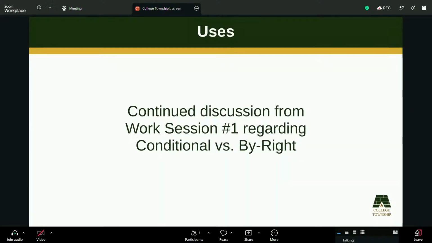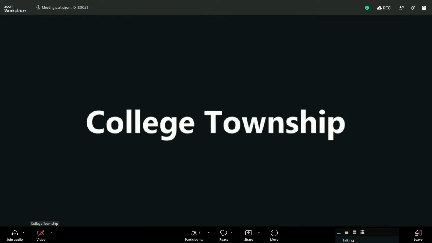Okay. So now we go back to uses that we discussed at the last work session during the council meeting. The primary reason for bringing that back was some discussion about conditional versus use by right. I just want to preface again to remember that the primary purpose of form-based code is the physical form of the building and less focus on the use of the building.